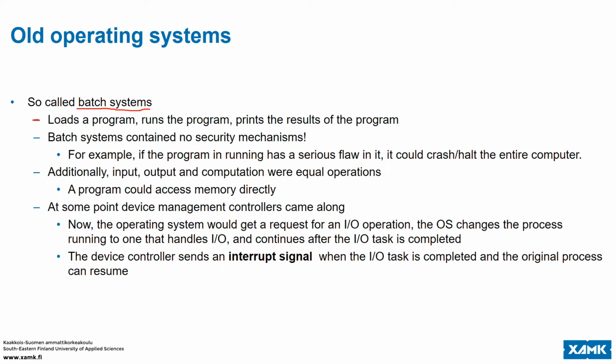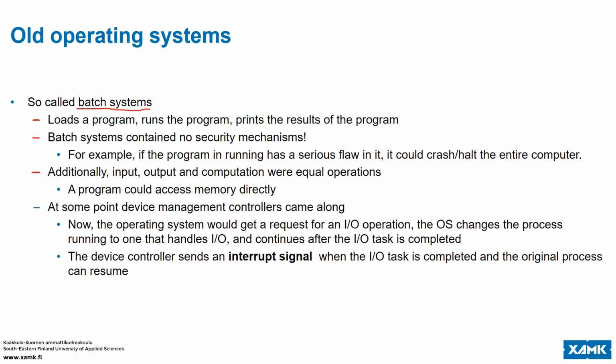What is important to realize at this point about the use of these systems is that batch systems had no security mechanisms as such. So if a program had some programming flaw in it, it would crash the entire computer.